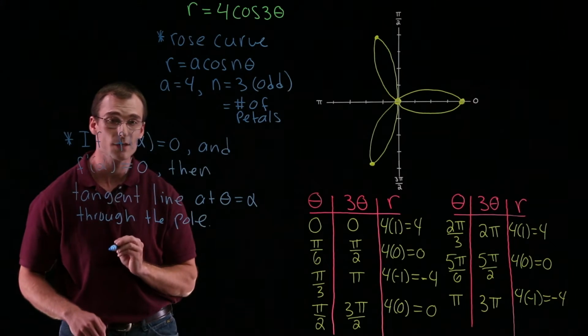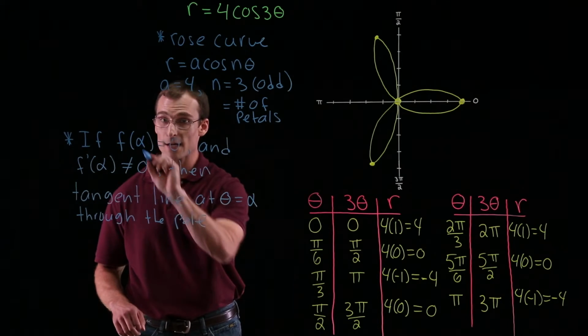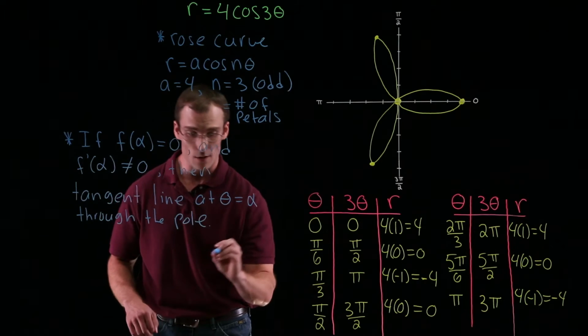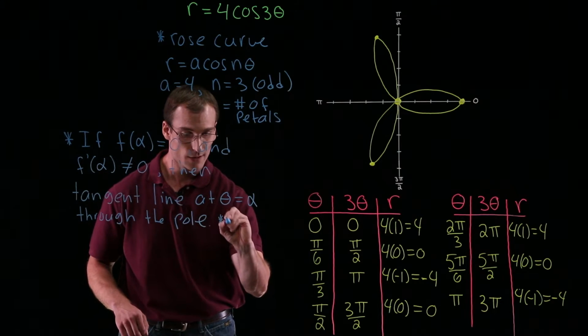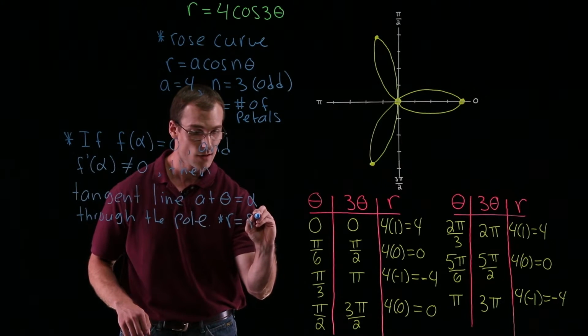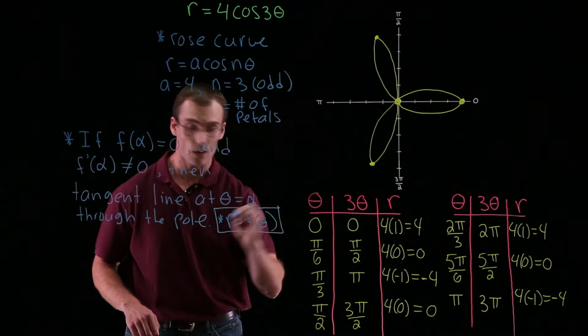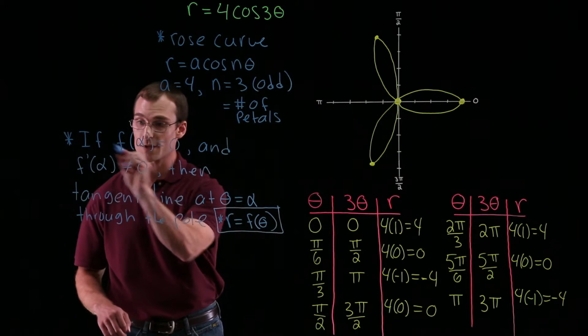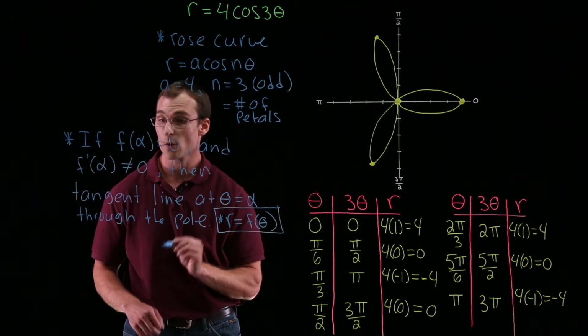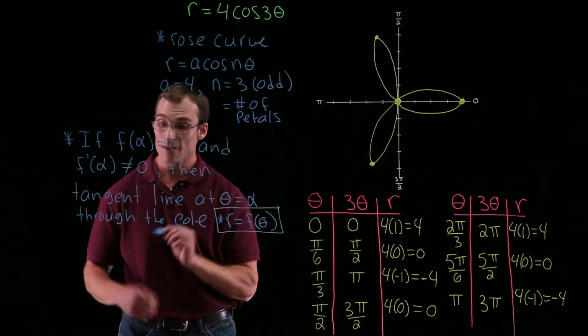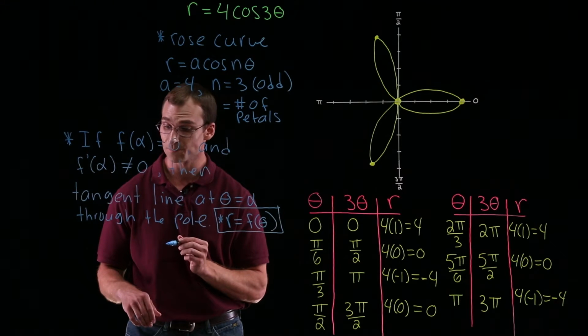Okay. So what that means is we want to find angles alpha where our r, where r is f of theta in general, is equal to 0, and show that the derivative is not equal to 0 at those angles, then we have tangent lines at those angles.